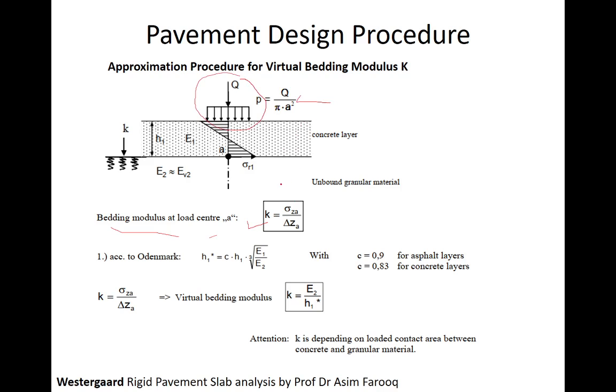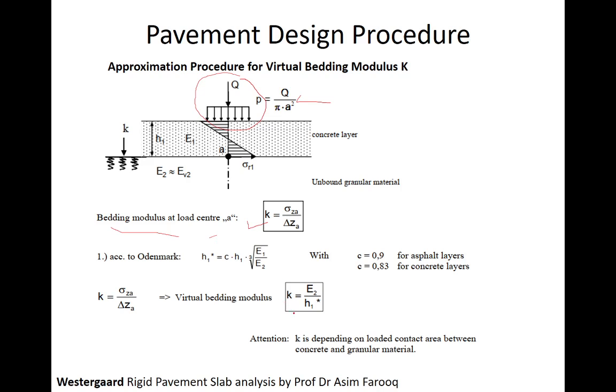Q is the load, pi is 3.14, and A is the radius. So how can we determine the value of K? We can determine the virtual bedding modulus when we consider E2, which is the Young modulus of the subgrade layer, divided by the total thickness, which is H1.